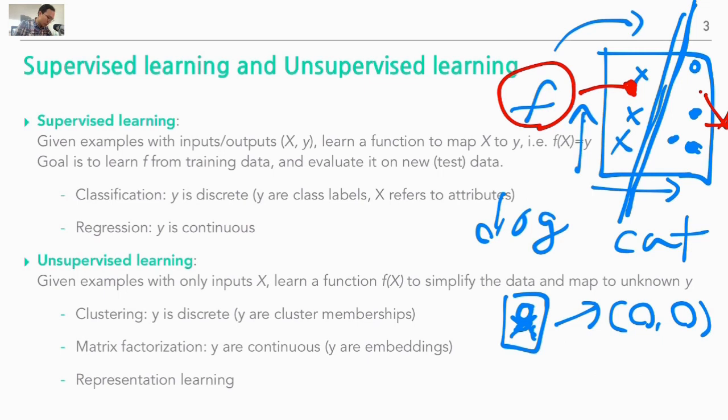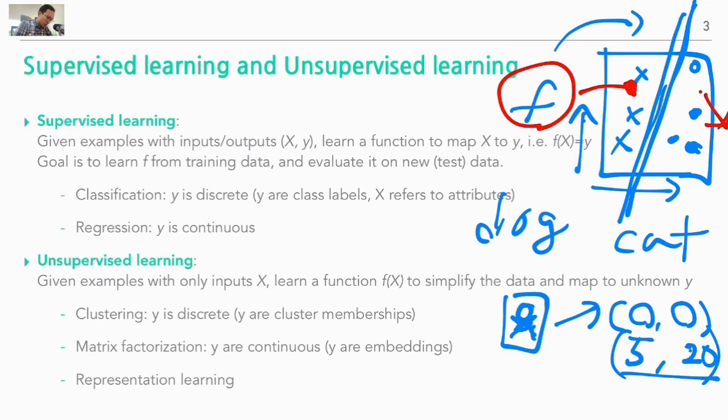So the number of circles in this picture is 5, for example, and the maximum length of the hair of the animal is, for example, 20 centimeters. This is the two-dimensional representation.